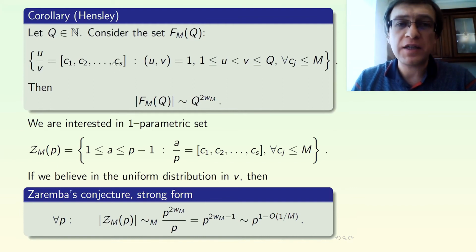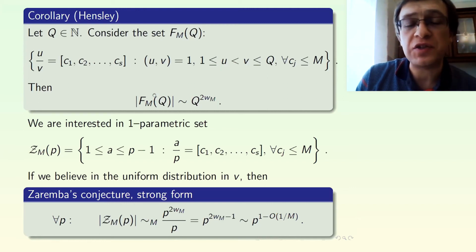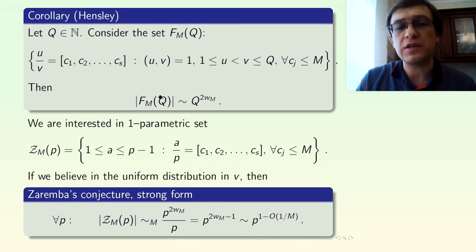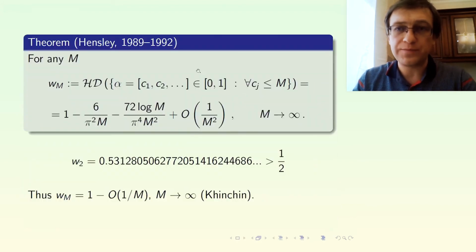And he considered the following fractions such that a_j is bounded by m and u and v from 1 to q. Then he calculated, it's rather easy, that the size of this set is just q to the 2 w_m. w_m is the Hausdorff dimension from this slide here.